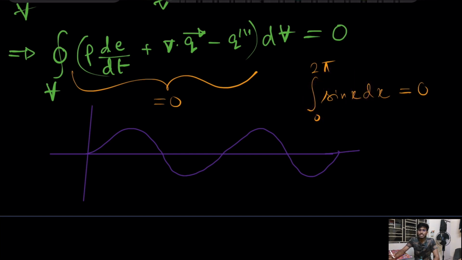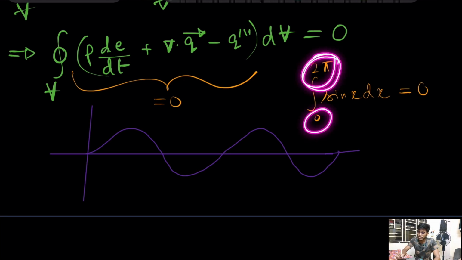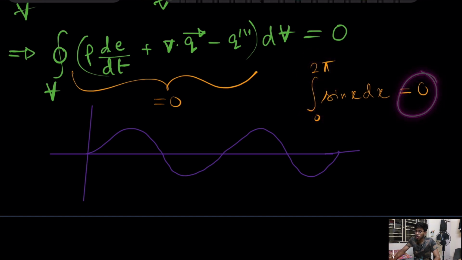You will directly jump and argue that we can see from the graph that this value is not equal to 0, this value is not equal to 0, and that is the point. If I take a small dx here, then I can say that in this dx there is no point where sin x is 0, or in other words, if I change the limits of the integral, then also this value will turn to a non-zero value.